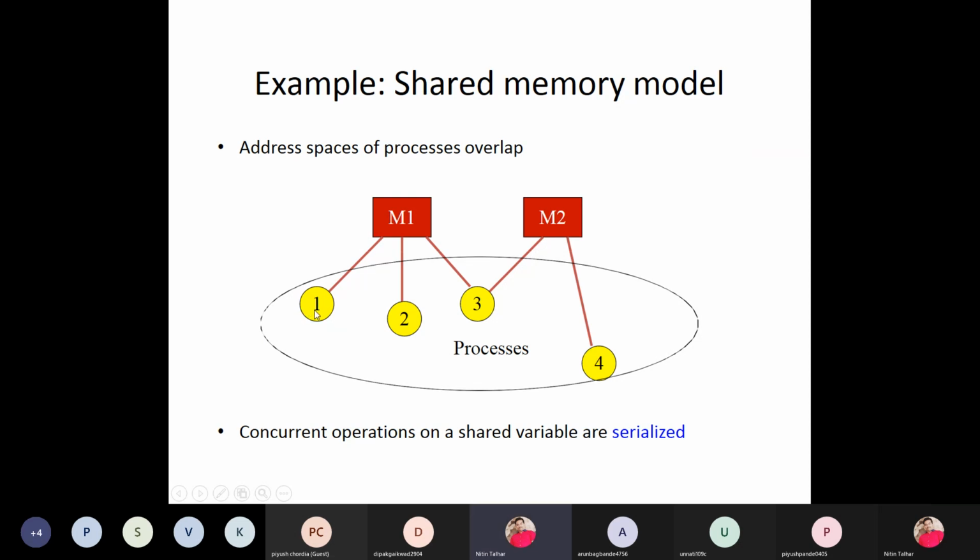So what does it mean? It means that whenever there is a need for that particular memory, you can use that particular memory address, according to the need of that particular application. Now you know there is a social media application. For a social media application, there are multiple users in a region.